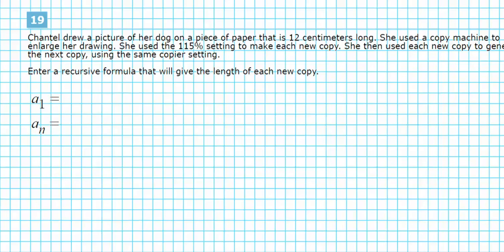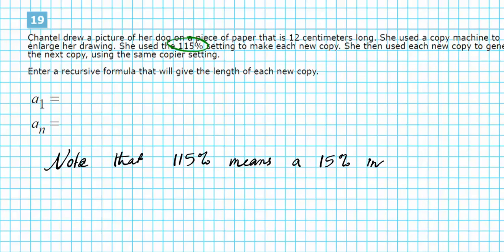Okay, so for this problem, we really have to understand what this 115% setting means on a copier. Note that 115% means a 15% increase of the original.